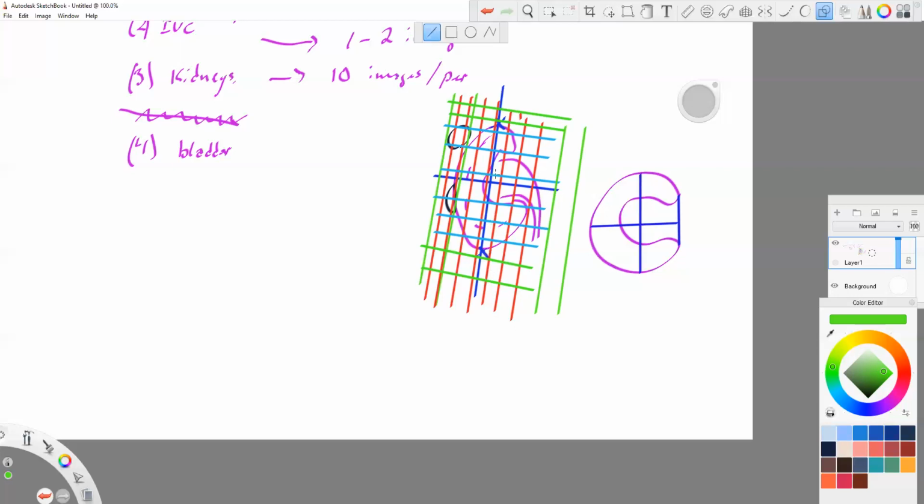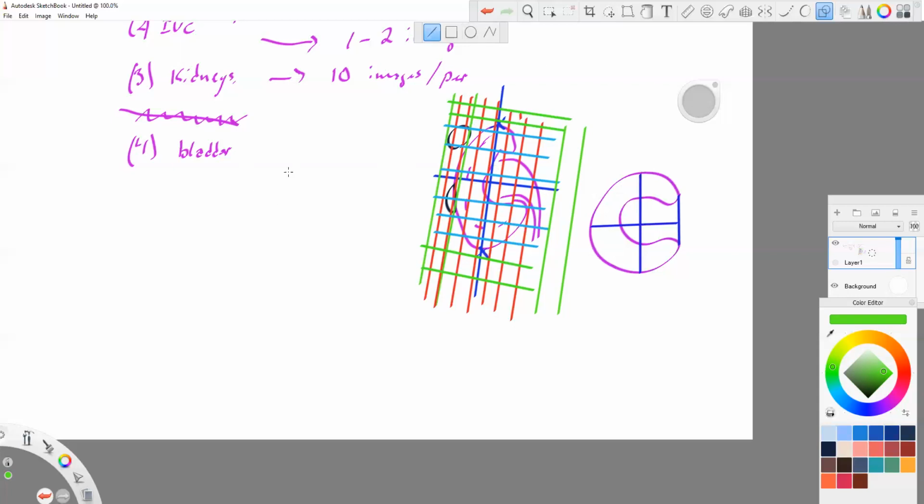But then the red and the blue and the dark blue are all actual images, all actual scans. And so is there any part of this kidney that I've missed? That's the point. That's what I'm trying to say when we take multiple images sagittal, multiple images transverse, we get all of those. And then, of course, we repeat the same thing on the other side.